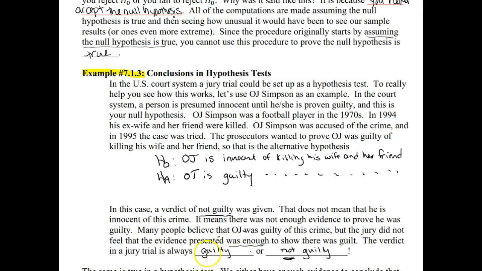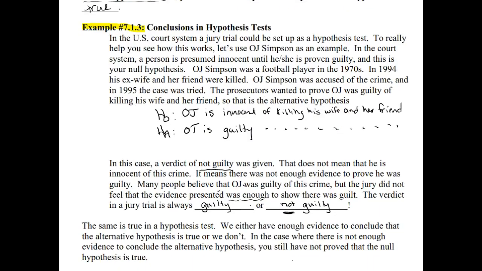When we write our conclusions, we're either going to say there is significant evidence to conclude the alternative, or we're going to say there is not significant evidence to conclude the alternative. Our concluding statements are much longer than these jury verdicts, but the two ways we can conclude at the end of the day will only differ by this one little word, not.